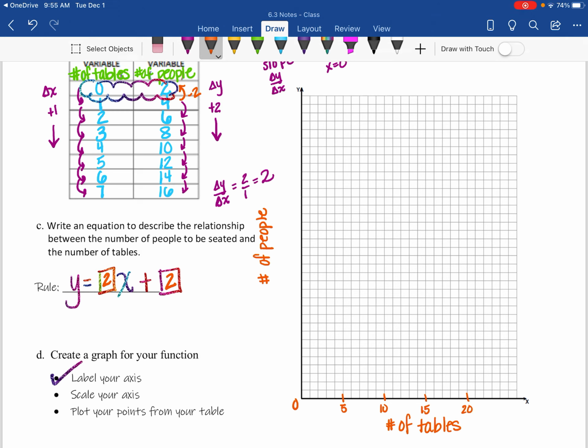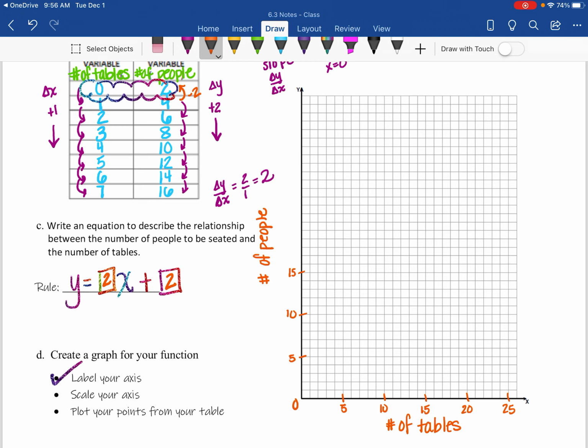And I know that we can't see all the way up to 25 in our actual table that we made, but we can probably extend the pattern. Okay, and let's see. I think we can probably count by ones as well on the y-axis. Remember, we just want to give ourselves a nice spread out picture.